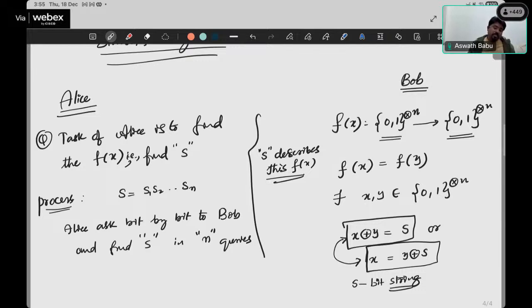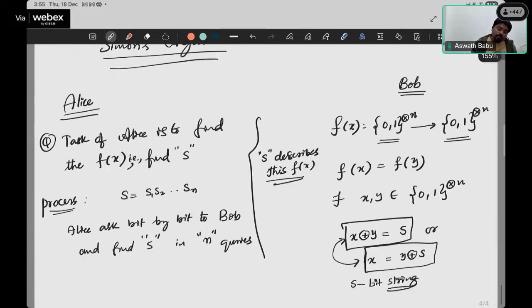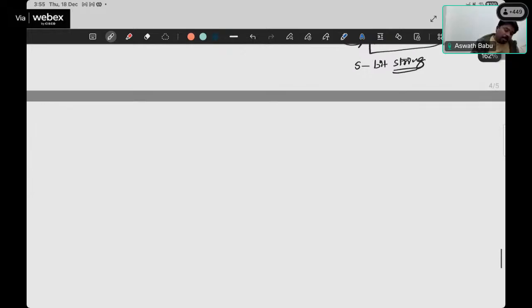Now the question is, how can Alice find the s, or the f of x, being used by Bob in a very small number of attempts or queries? Classically, can we reduce it, or using quantum computing can we reduce it to a much smaller, very very small number?